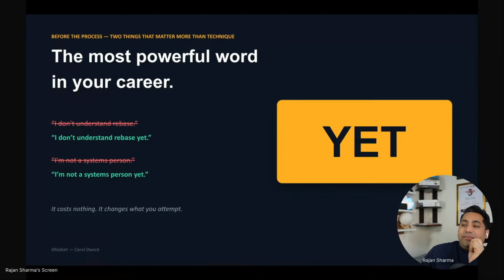So while all this is processing, here are two short things that matter more than any technique. And this is a very good psychological thing that you will learn. There is only one word, written by Carol Dweck.